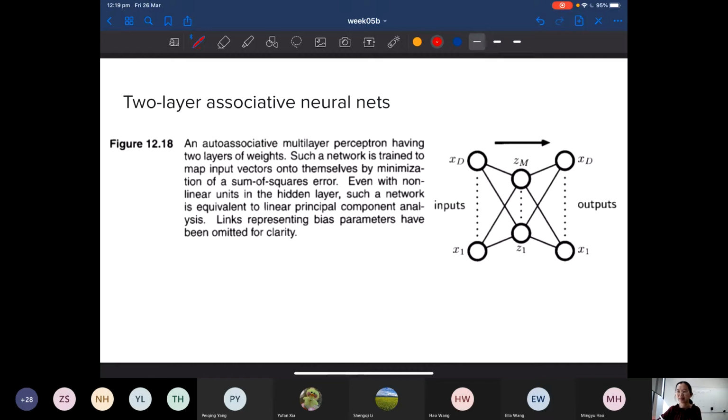Why do we want the input and the output to be the same? I think there are two reasons.